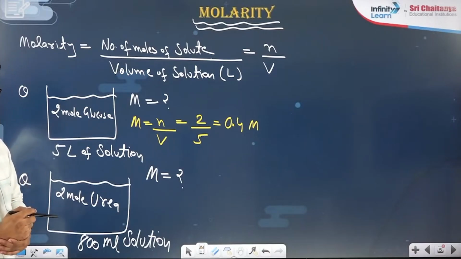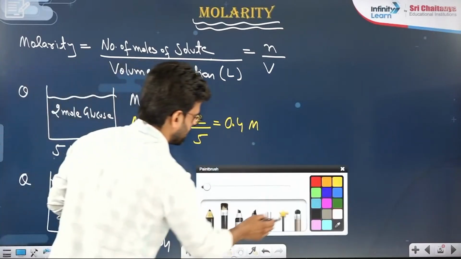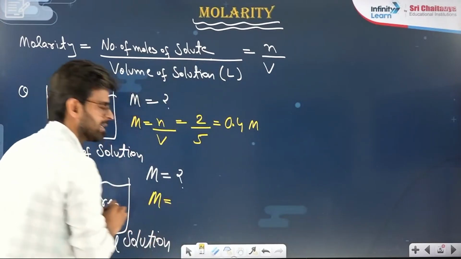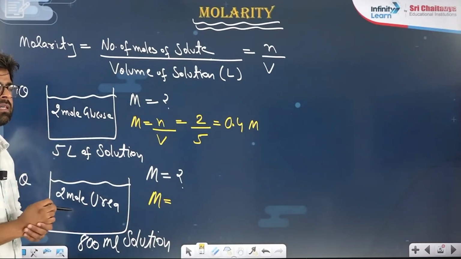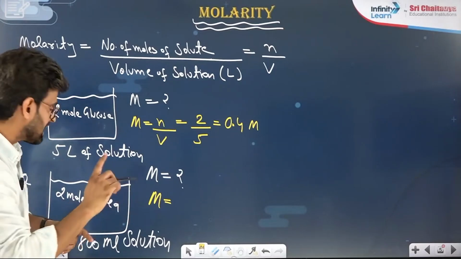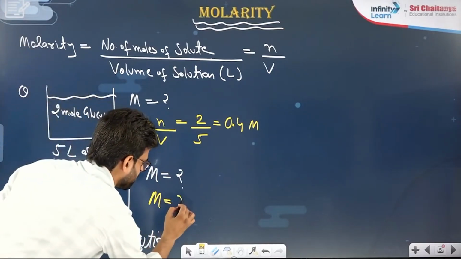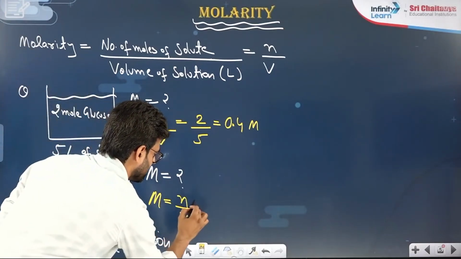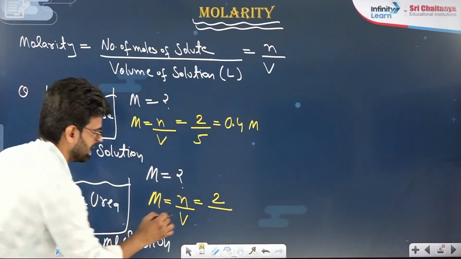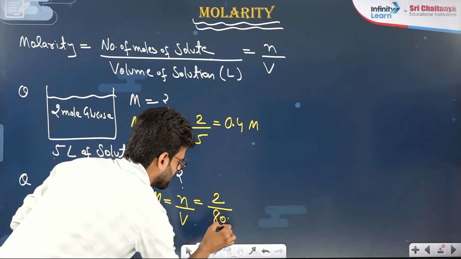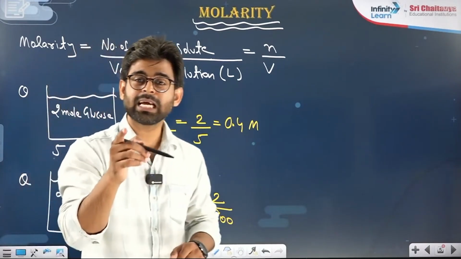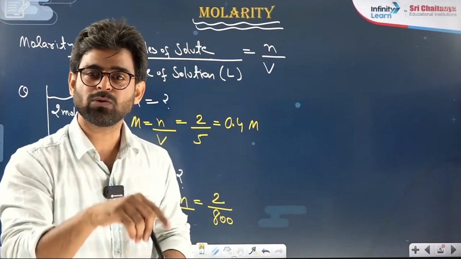Clear? What is coming? Tell me the answer fast. Very good. Carefully, molarity is the number of moles of solute divided by the volume of solution. 2 moles are present in 800 ml, so don't forget to make it liter. How can we make ml into liter? By dividing by 1000.